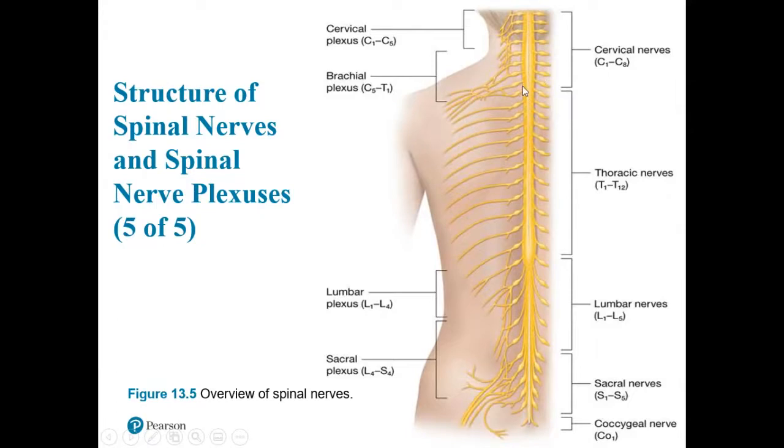But for those, we're going to have specific nerves, plexuses rather, that control those. And here it is. So like the brachial plexus, for example, C5 to T1. The brachial plexus sends out divisions, right, branches of nerves down into the arms to control the entire sensory and motor aspect of the arms. So that's the brachial plexus right there. The name kind of gives it to you, right? Brachial. That means arm.